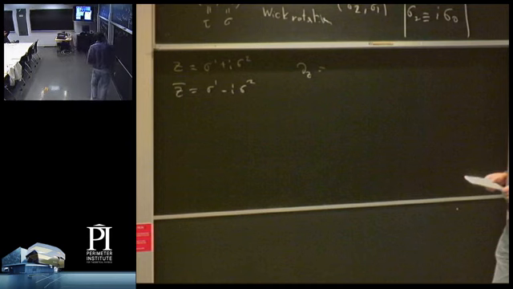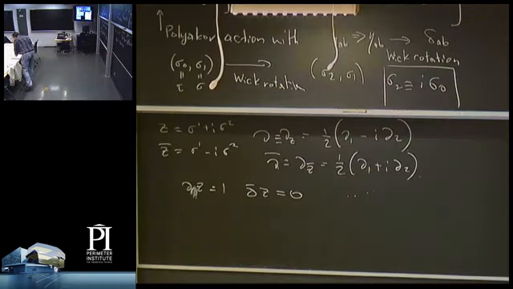Okay, so del z, which I also denote just simply by del, is 1/2 del 1 minus i del 2, and del bar, del over del z bar, is the conjugate, plus i del 2. And so the beauty of introducing derivatives in this way is that del of z equals 1, del bar of z equals 0, and so on. Okay, so we went into complex coordinates for our field theory.